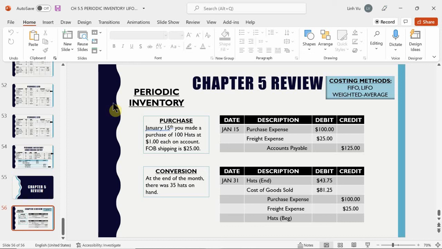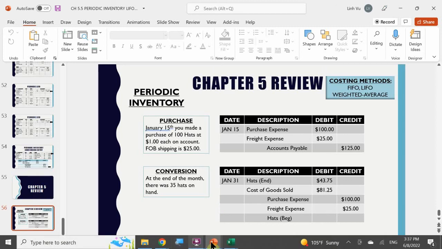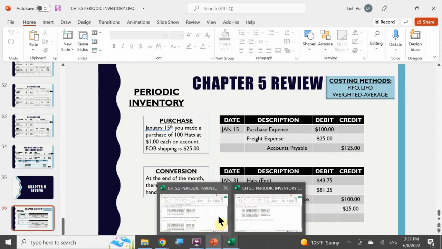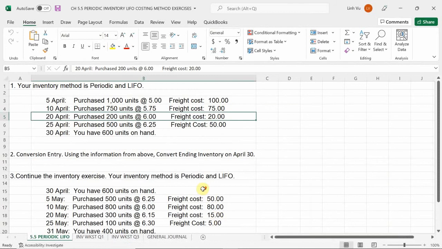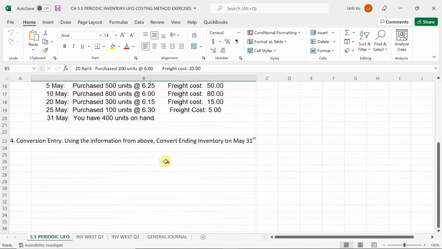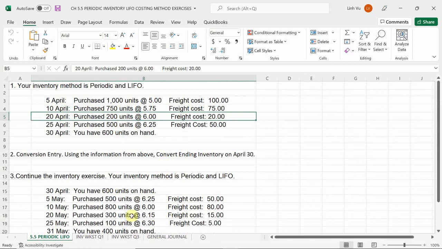All right. Any other questions? Okay. If not, let's go ahead and get started with our inventory exercise. So here's the 5.5 inventory worksheet example. If you had trouble working with the first one, that's okay.